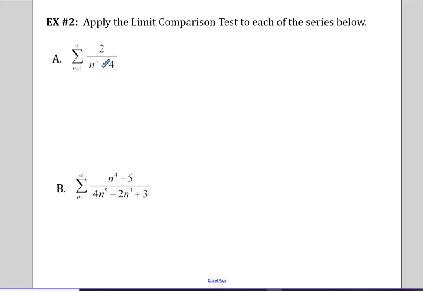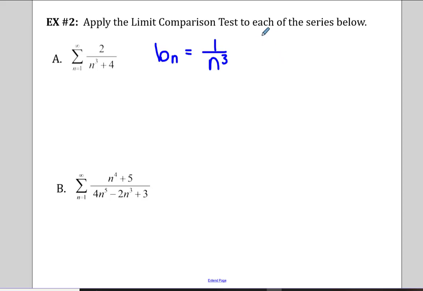Here we want to apply the limit comparison test to 2 over n cubed plus 4. So if this is our a sub n, we want to look at our b sub n to be 1 over n cubed. And we know b sub n converges, but it's less than a sub n. So we can't really use the direct comparison test.